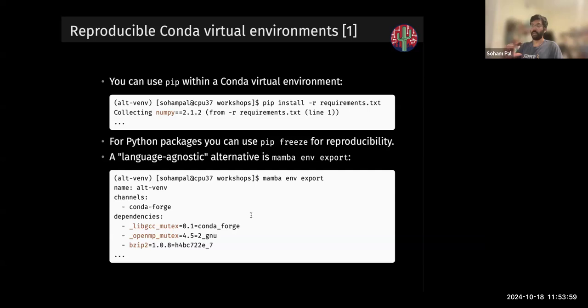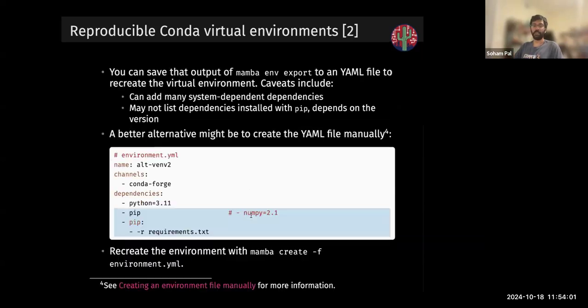But there are some problems with that, and the main thing is it might not list the dependencies that are installed by pip. So let's say in your Conda environment, you install some packages with Mamba, and then you install some packages with pip, right?